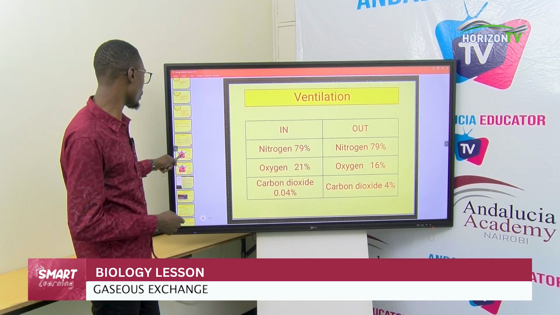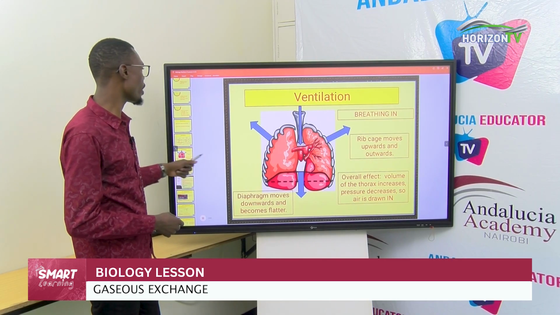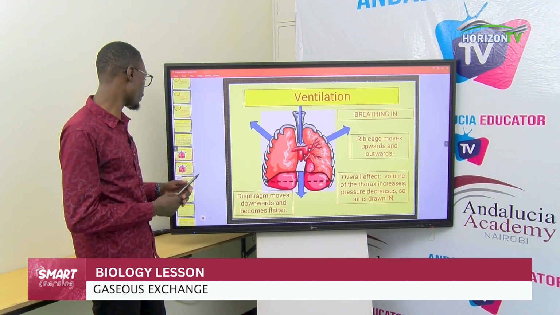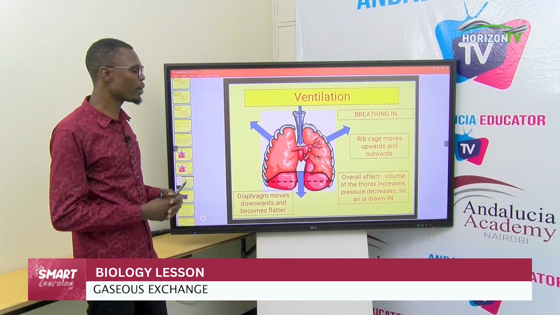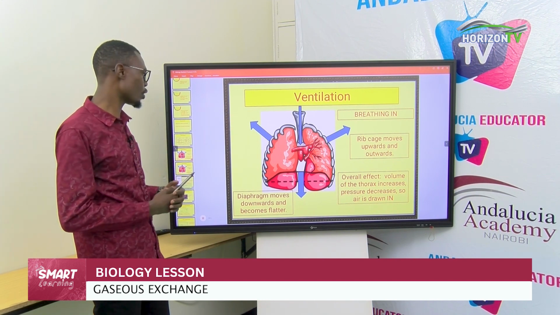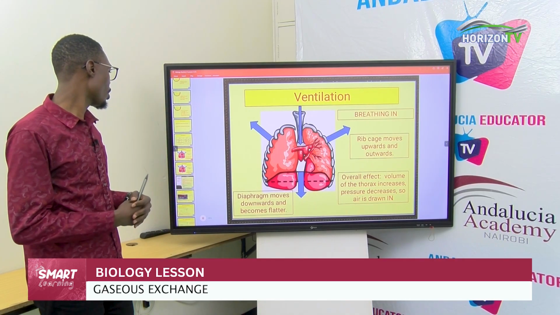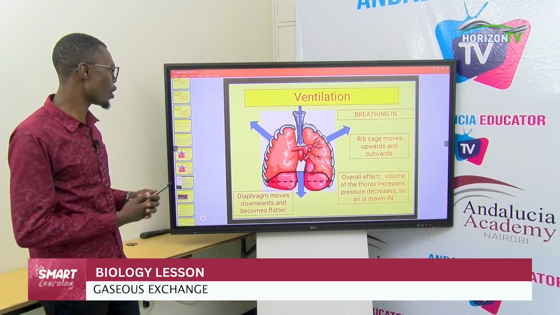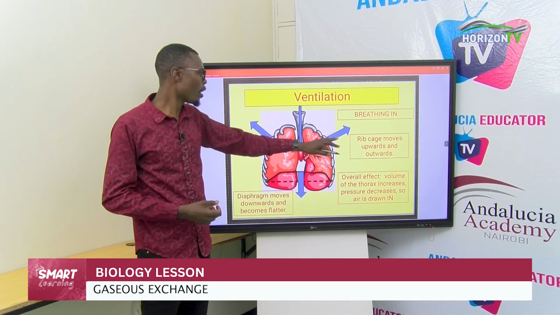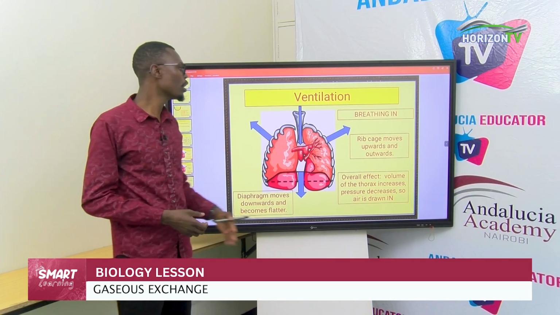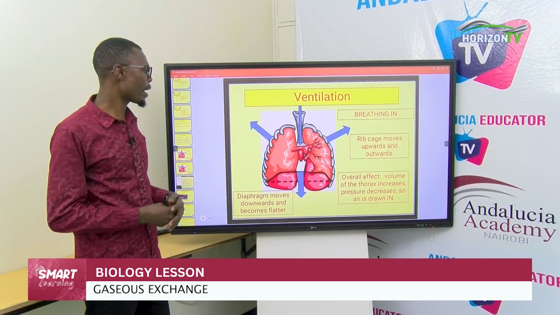The ventilation process, you have to know that we have two types of ventilation process. That is breathing in and breathing out. Largely breathing out is the opposite of what we have talked about, breathing in. The rib cage will now move inwards and downwards.